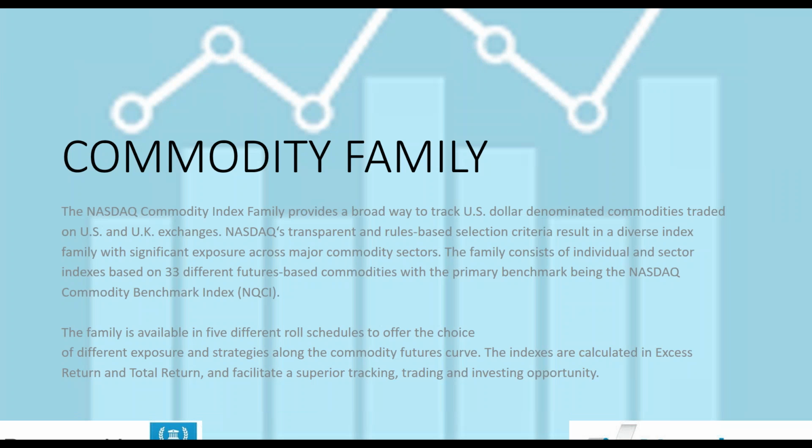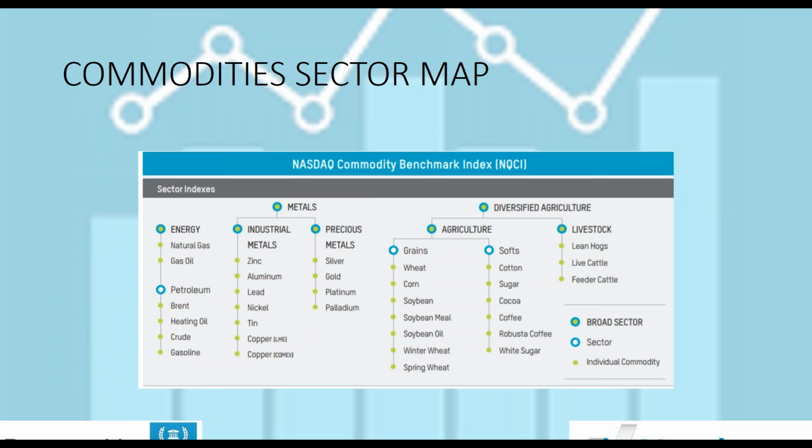Now, the NASDAQ commodity family provides a broad way to track the U.S. dollar-denominated commodities traded on U.S. and U.K. exchanges. NASDAQ's transparent and rule-based selection criteria result in a diverse index family with significant exposure across major commodity sectors.